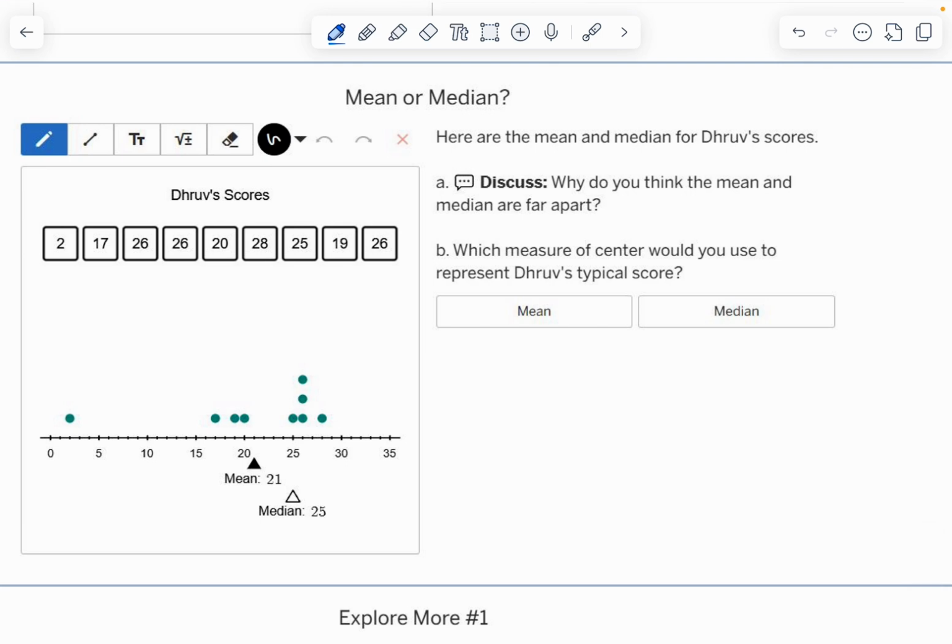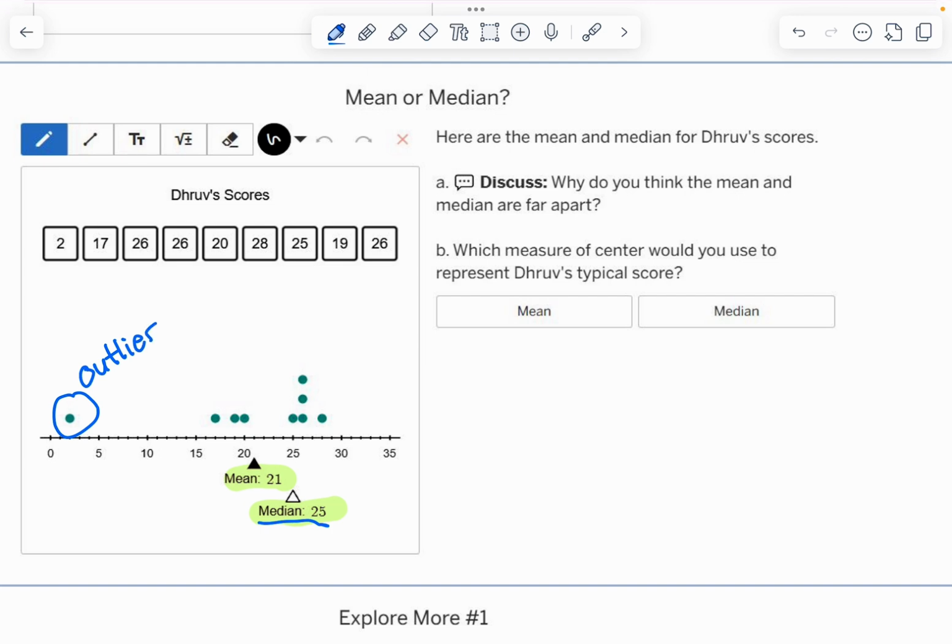When it comes to finding the mean and median, there's a couple of differences that we want to utilize. For measures of center, showing us that central data, the mean, at least in cases like Drew's, is 21 versus his median at 25. In terms of which would represent his typical scores in this game that we played, the median would be a better choice. One, because it shows where most of his numbers are, but also because he has an outlier here.